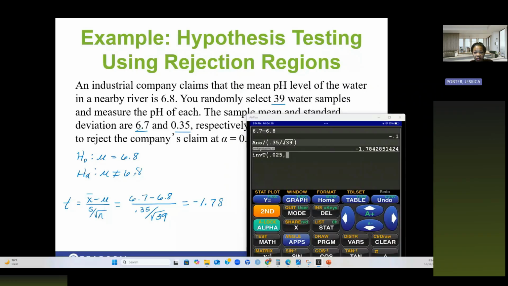In our calculators, it's weird, where it tells you what to put, it has a V, but it really stands for degrees of freedom. So let's put our degrees of freedom in there. And negative 2.02.